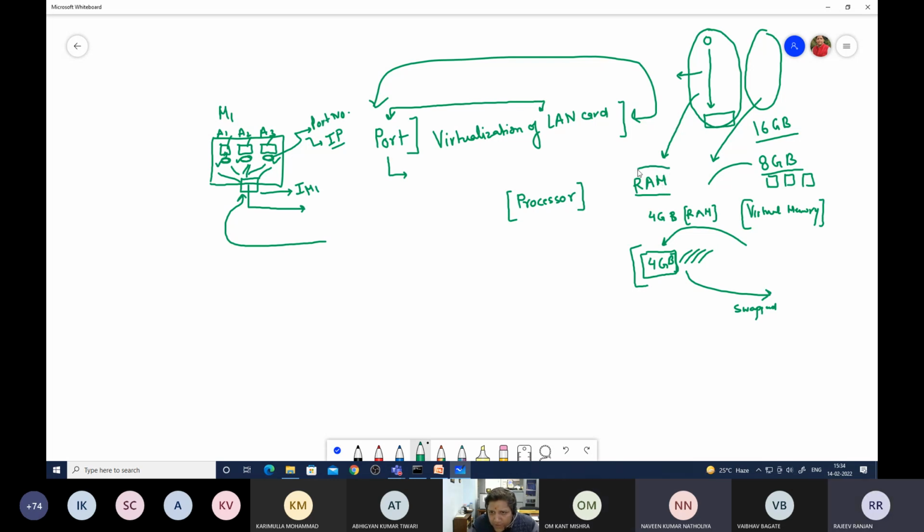So your same physical resource is getting utilized again and again by different processes using the abstraction of virtual memory. Now, what is the abstraction for the processor? Anybody can answer?